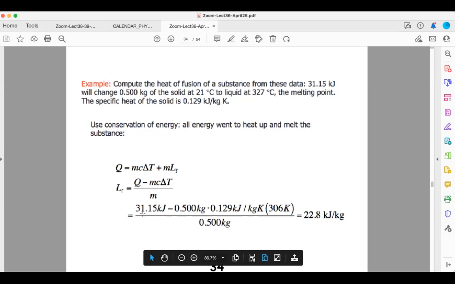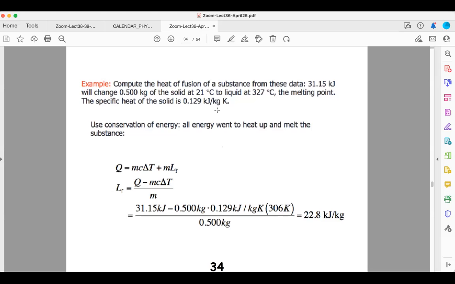And now I know all this information. So I have here 31.15 kilojoules minus 0.500 kilogram multiplied by what? The specific heat, which is indicated here, and delta T, which is 327 minus 21, 306 Kelvin.